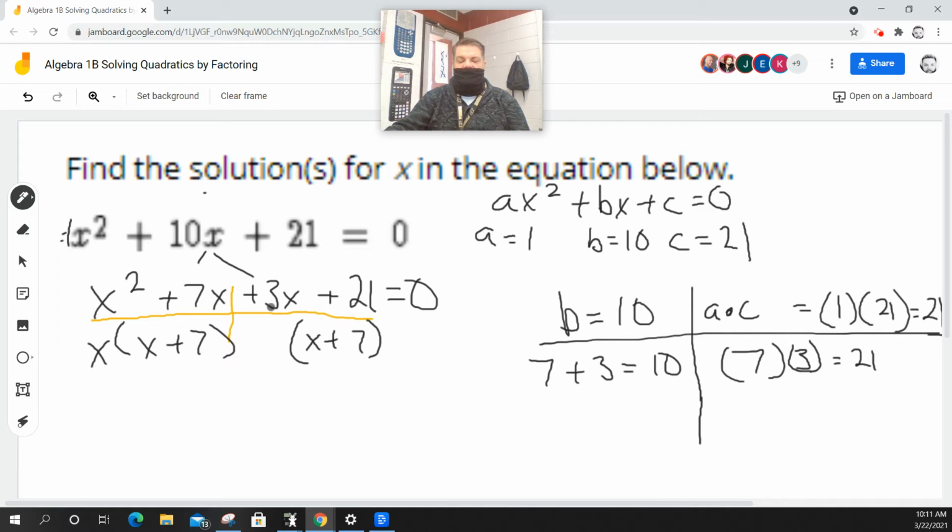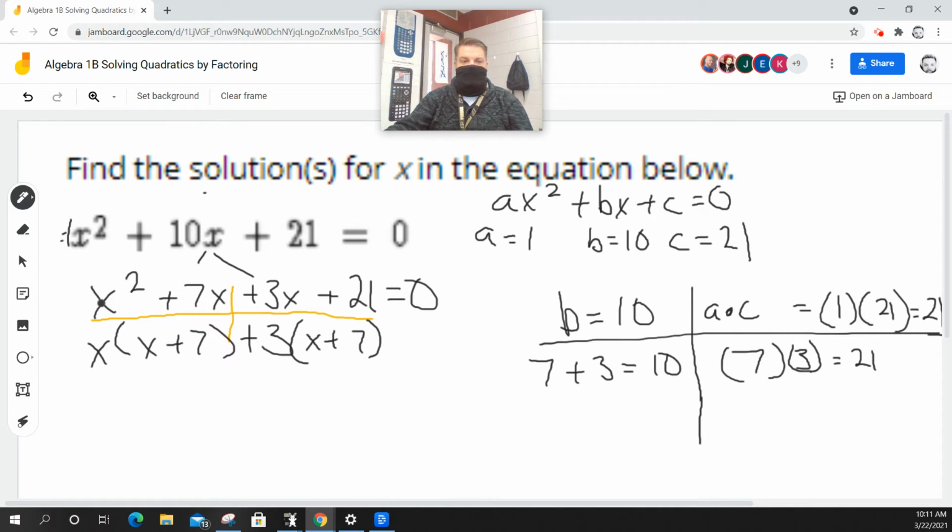Well, 3 is divisible by 3, and so is 21. So if I pull out a 3, I'm going to pull out a positive 3. Then I got to go back and see if I multiply this out, if it's the same. In other words, 3 times x does equal positive 3x. Positive 3 times positive 7 does equal positive 21.